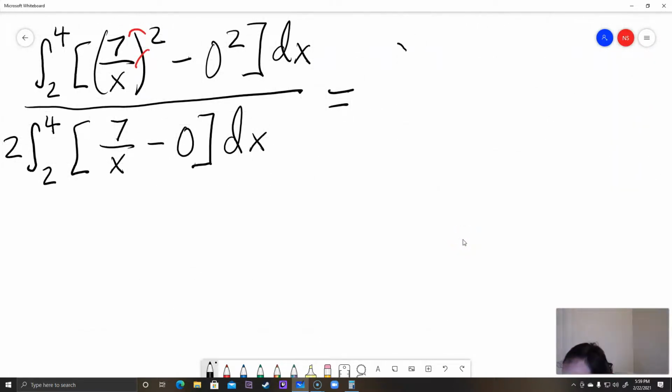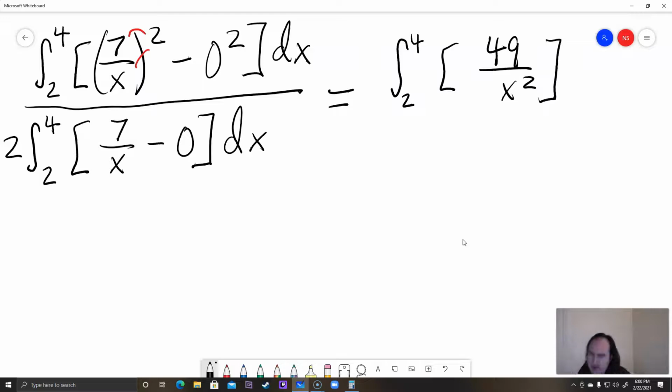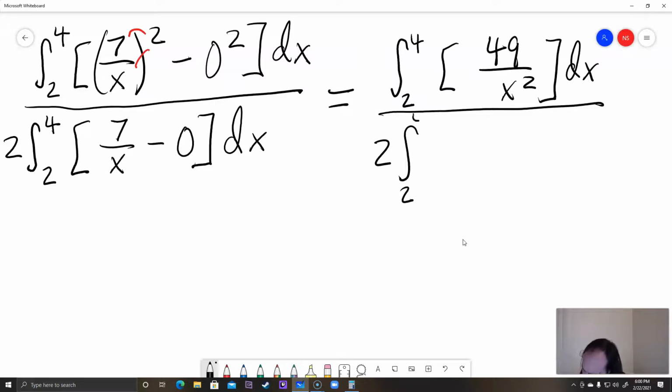So in our numerator, we have the integral from 2 to 4 of 49 over x squared, and then minus 0 squared, well, 0 squared is 0, so we don't need that, so we're just going to have dx. And then in our denominator, we have 2 times the integral from 2 to 4 of 7 over x dx.